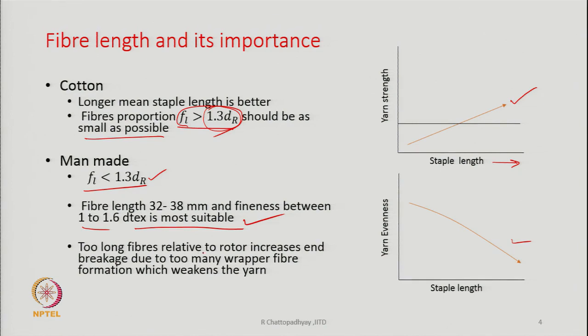So, too long fibers relative to the rotor increase end breakages due to many wrapper fiber formations, which weaken the yarn. We will see that when we discuss the structure of the rotor yarn in some other lecture: wrapper fibers are a type of fibers which wrap the core part of the yarn.